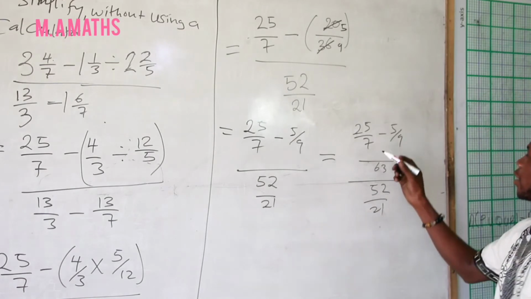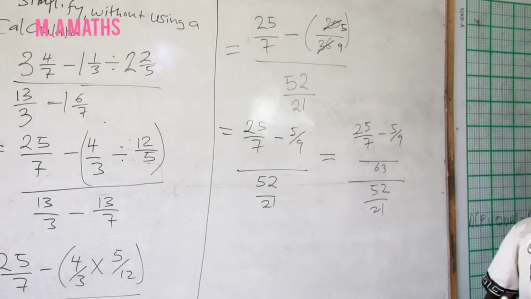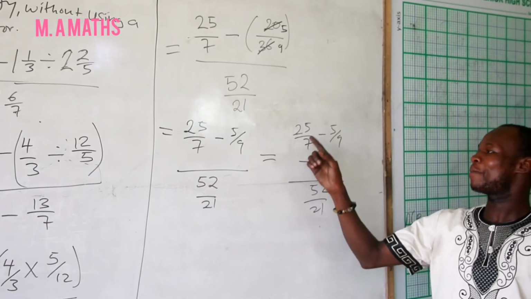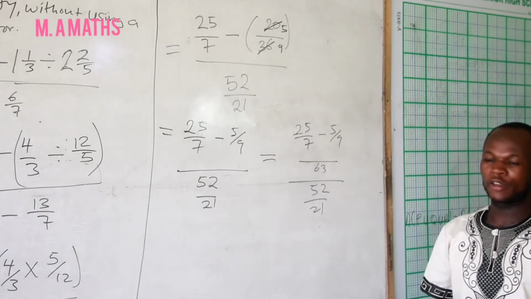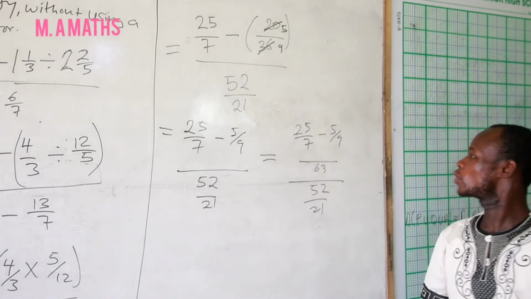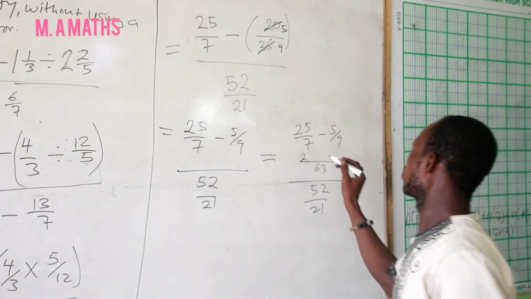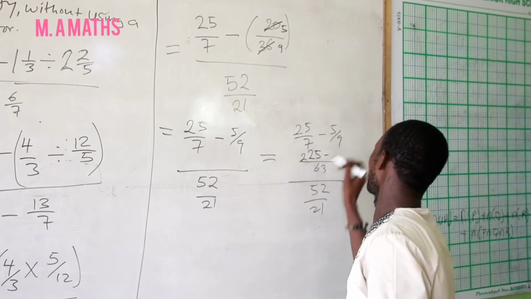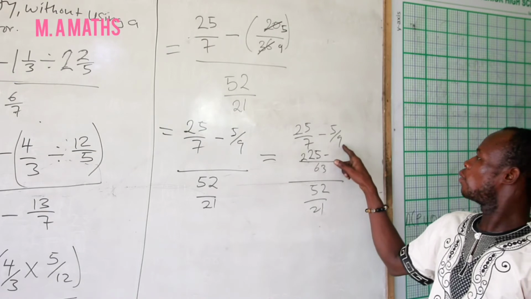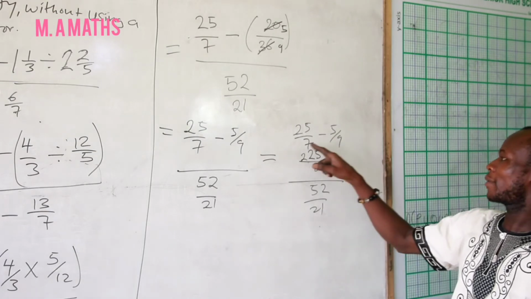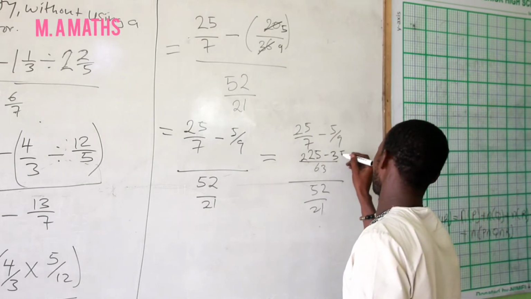So 63 divided by 7, we get 9. 9 multiplied by 25 gives us 225, minus, 63 divided by 9 we get 7, 7 times 5 will give us 35.